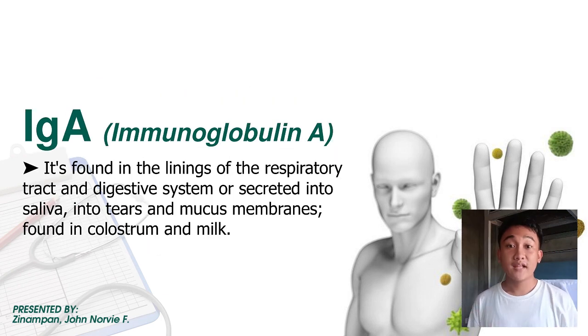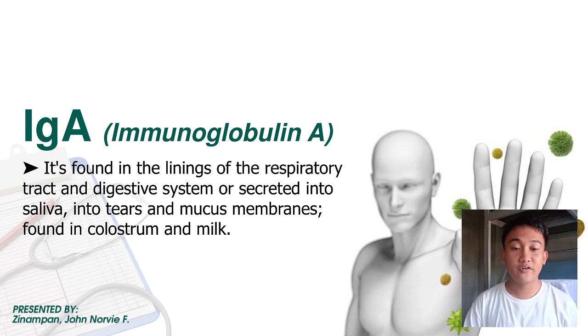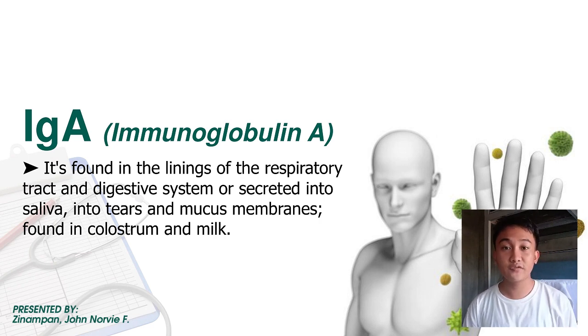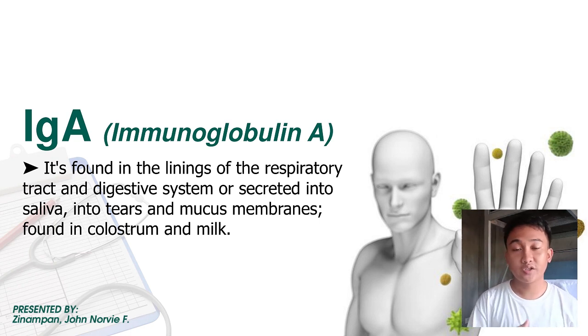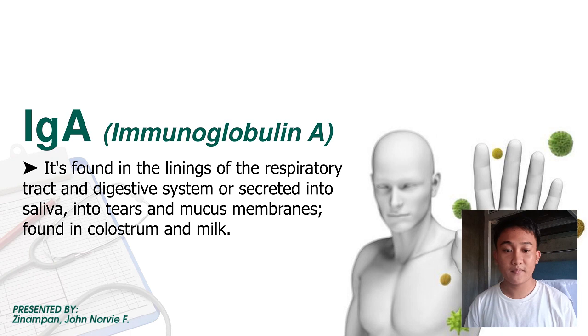Next, we have immunoglobulin A or IgA. It is the most abundant type of antibody, found at high levels in the mucous membranes, such as the linings of the respiratory tract and digestive system, or when secreted into saliva, tears, and mucous membranes.